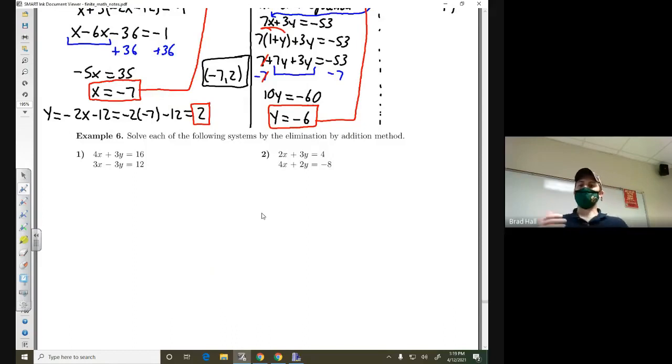And so what we do here, notice it's a very similar premise. What we're doing is adding equations together in hopes that we cancel out one of the variables. So we're going to be adding these equations together and pretty much adding like terms together. So the addition, I'm just going to rewrite everything.